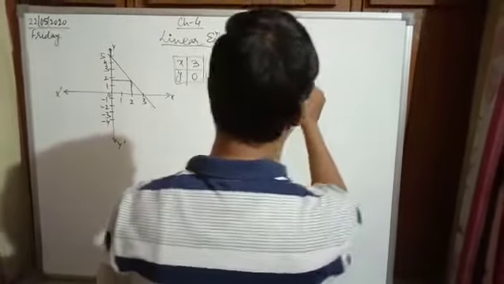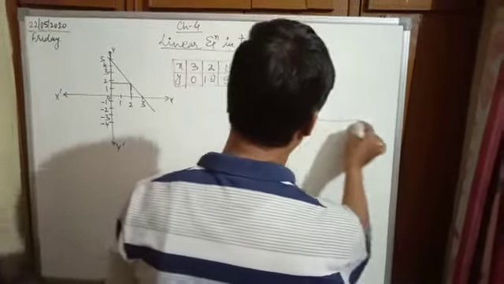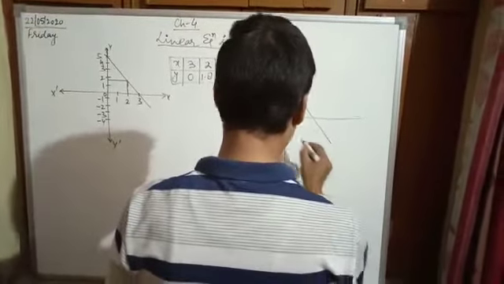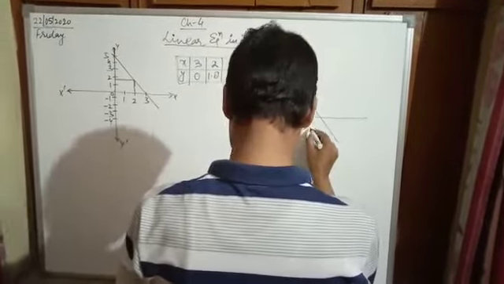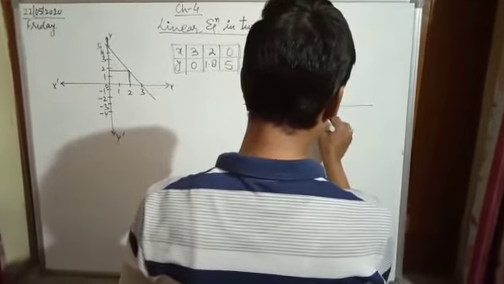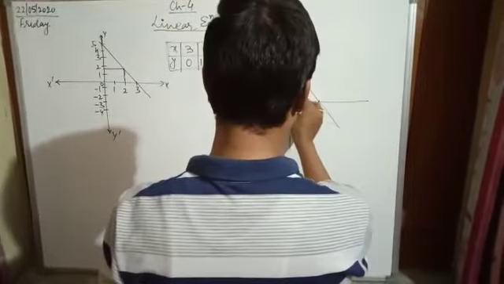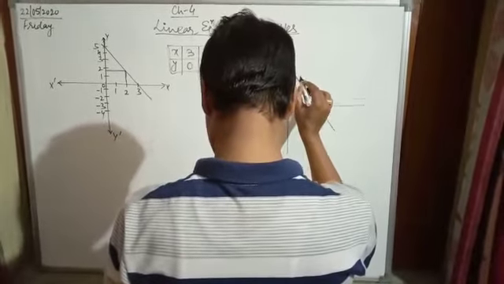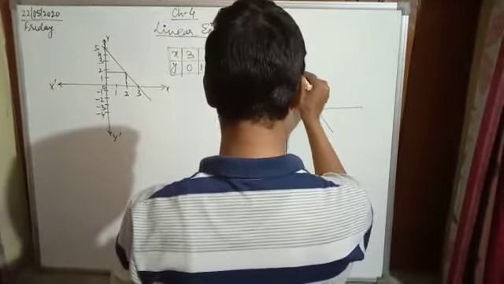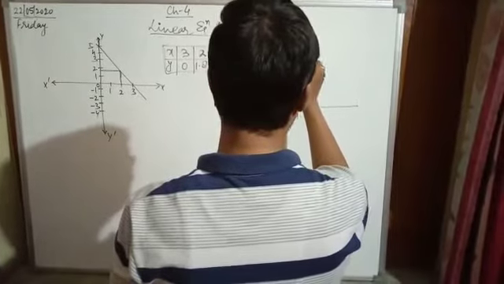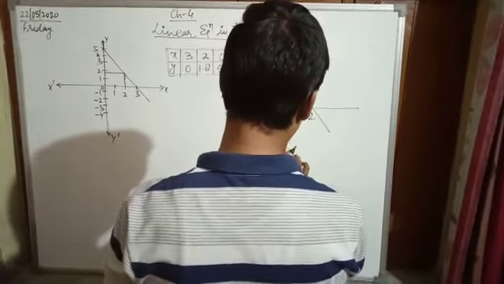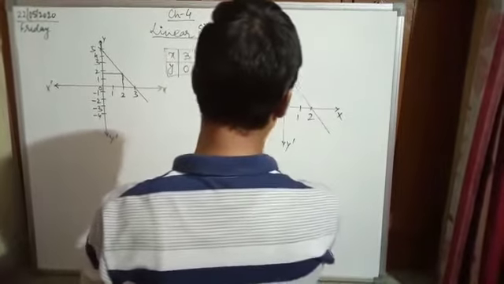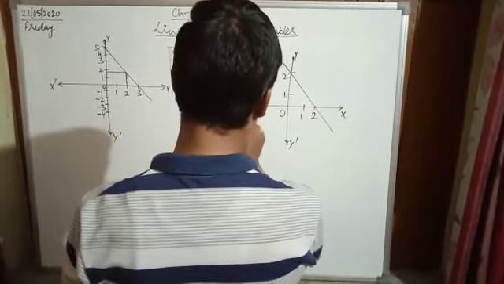One graph like this one is given in the book. This graph, this is 0, this is 1, this is 2, this is 1, this is 2. This is the y-axis, this is y dash, this is the x-axis, and this is x dash.